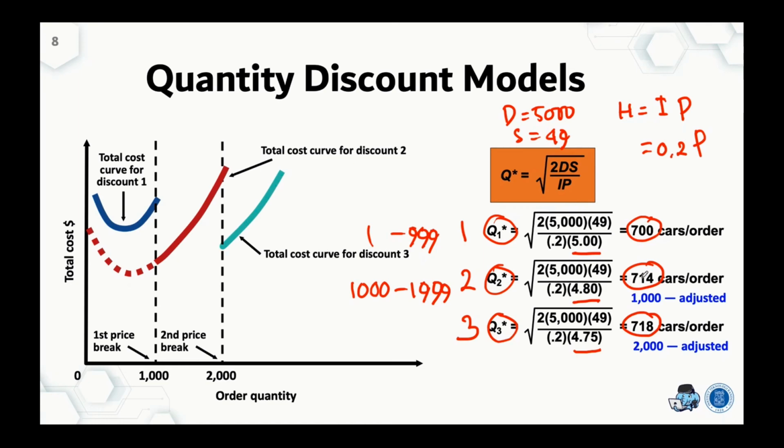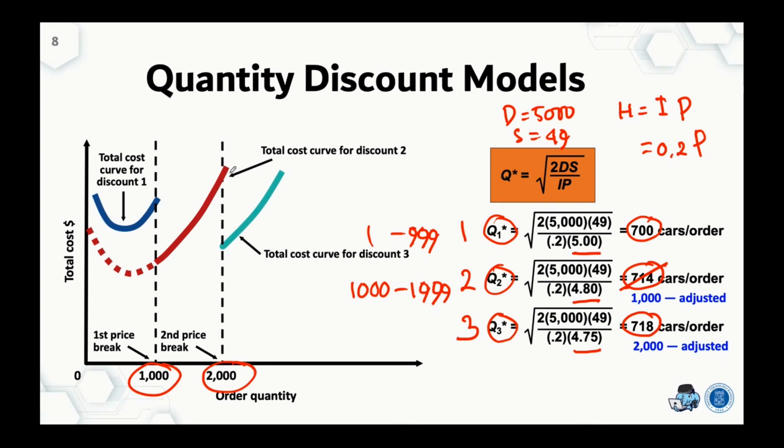So we should adjust this number. We eliminate this one and adjust to the closest and smallest quantity in the region where we can get the discount. So the closest one is 1000. As we see here, the first break is 1000 and the second break is 2000.